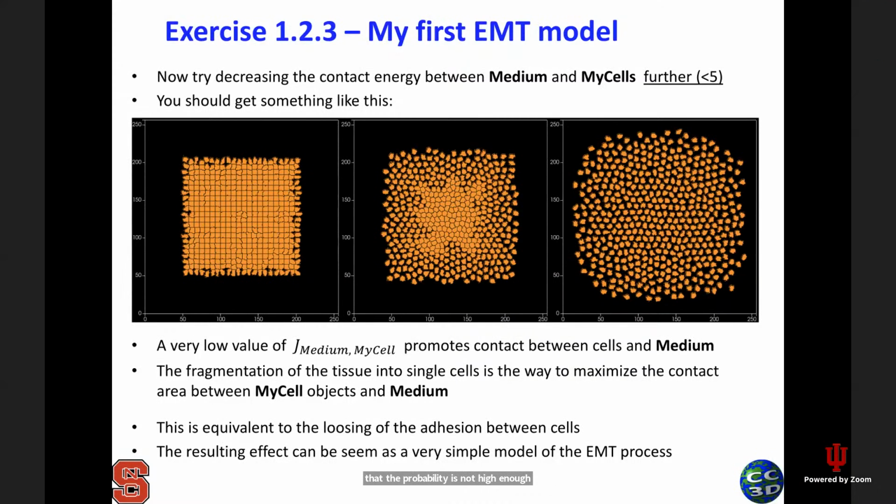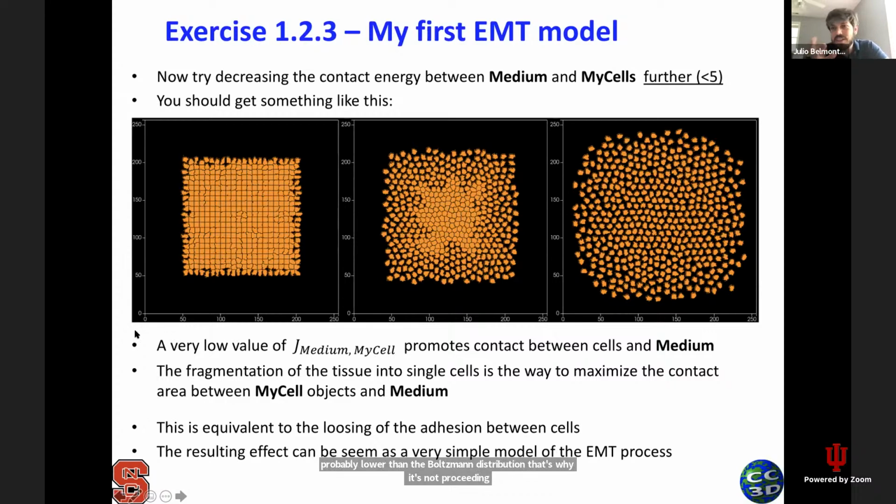I believe that's what's happening. It's probably lower than the Boltzmann distribution. That's why it's not proceeding. Yes, if you just make a small difference, it may not be enough to actually drive the fragmentation. The bigger you make the difference, the more likely the effect will be.